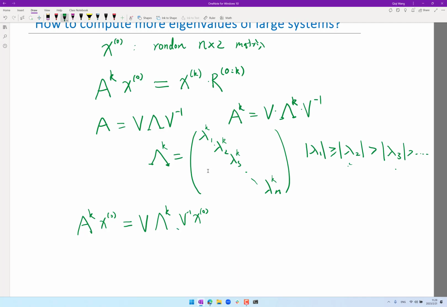And let's just denote the V inverse times x0 as y0. Okay, so y0 is basically a column vector. It contains the coefficients of the corresponding eigenvectors in the contribution to x0, right? So if you decompose x0 into a summation of different eigenvectors, each multiplied with a coefficient, then y0 is actually a vector of these coefficients.